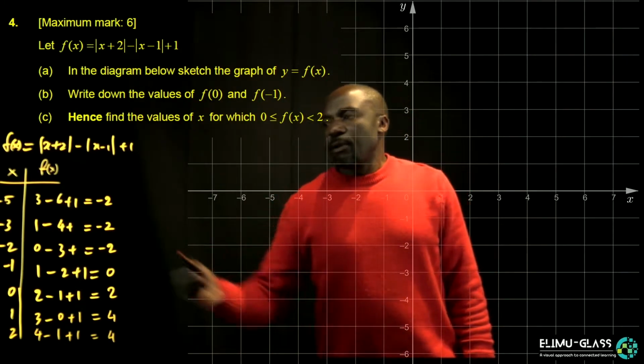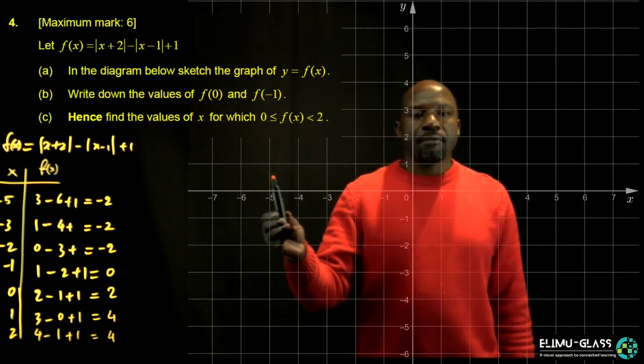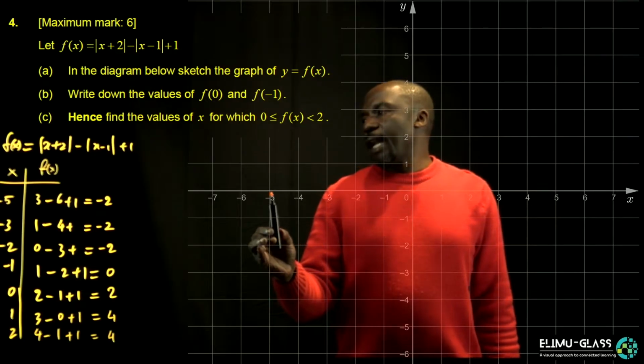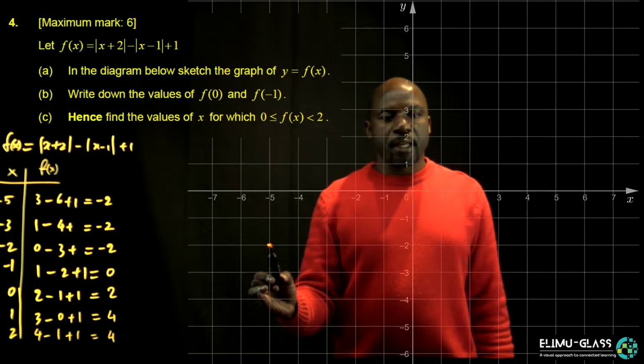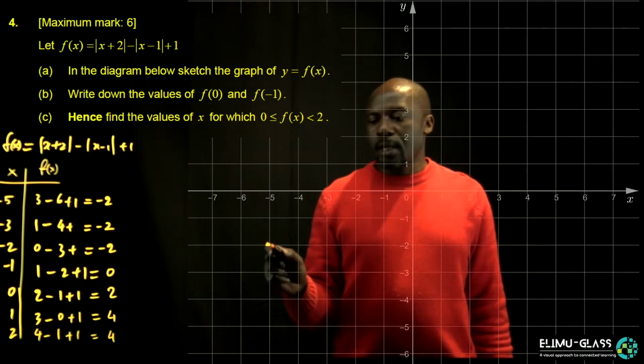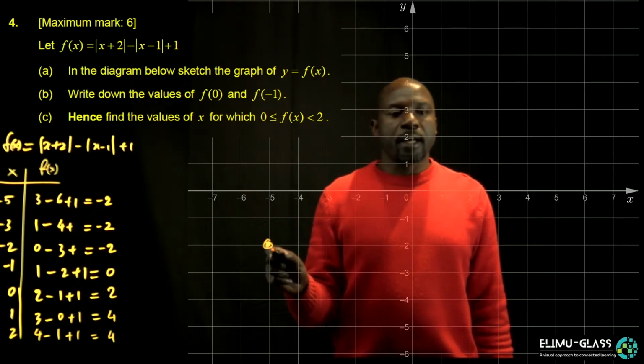And so if I plot these points, when x is -5, y is -2, which is somewhere here. That's my first point. When x is -3, y is -2, so that is also there.